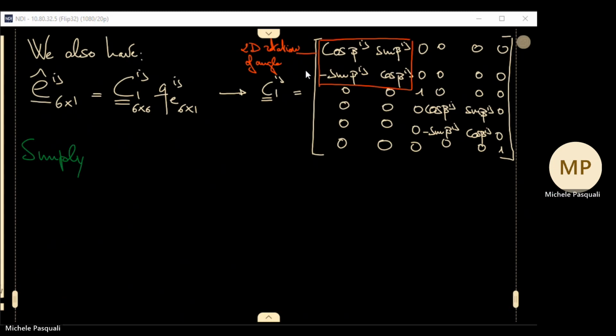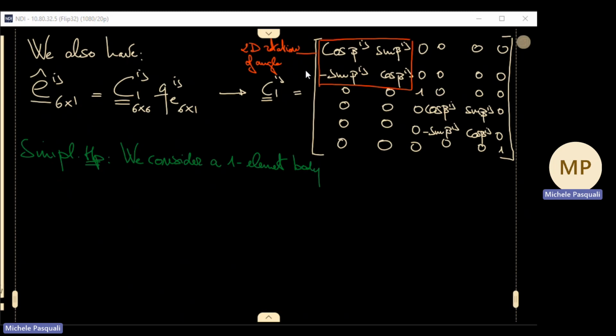We consider a one element body, which means that our body is only constituted of one single element.